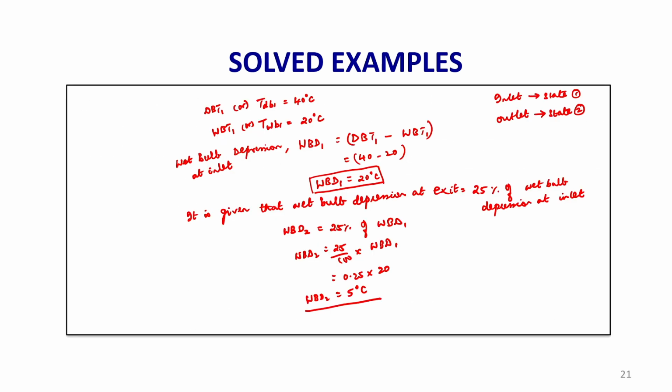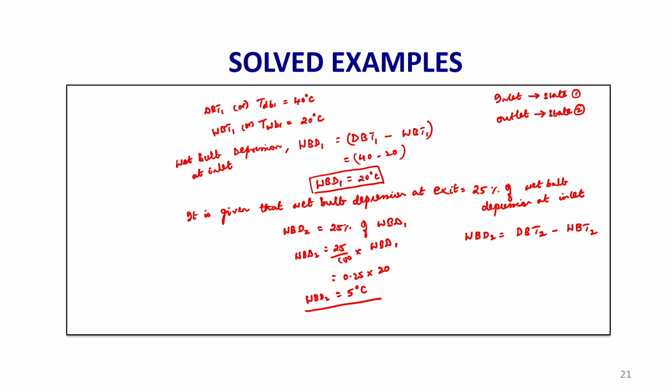Now, you are asked to find out the dry bulb temperature 2. Okay. So, use this formula: wet bulb depression 2 is equal to dry bulb temperature at 2 minus wet bulb temperature at 2, because it is the difference between dry bulb temperature and wet bulb temperature.